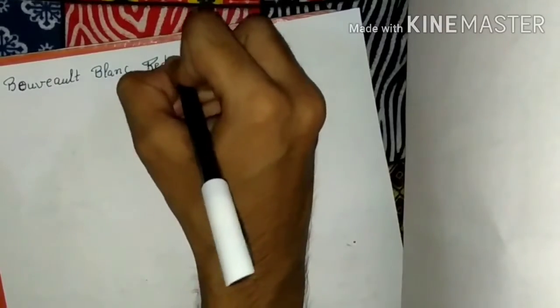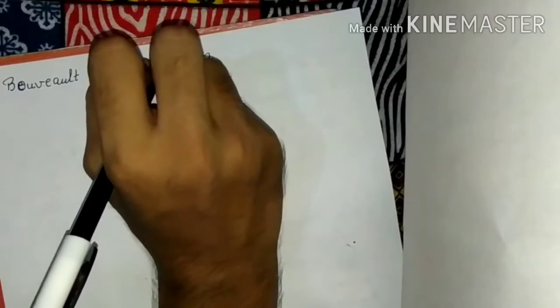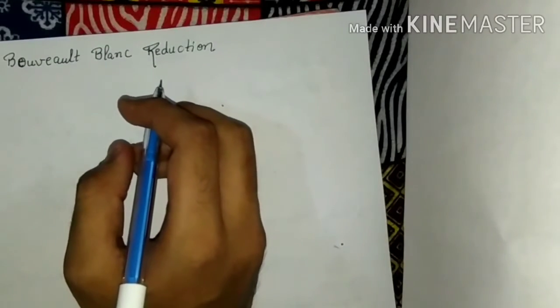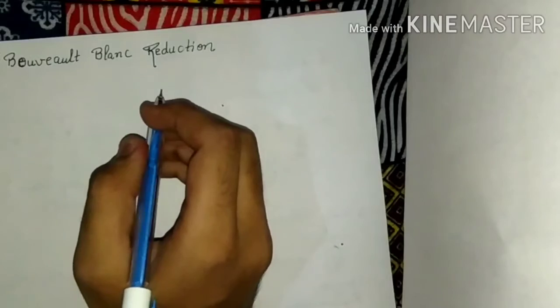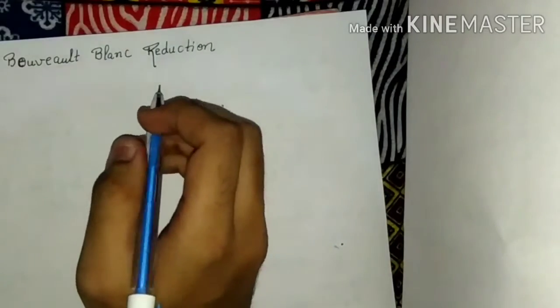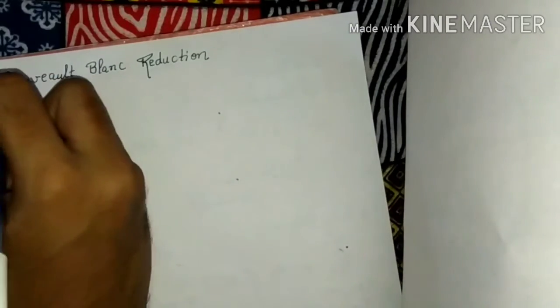Bouveault-Blanc reduction reaction. Okay, so what this says is that ethyl ethanoate with four molecules of hydrogen in Na and C2H5OH gives ethanol. Okay, let us write that reaction.